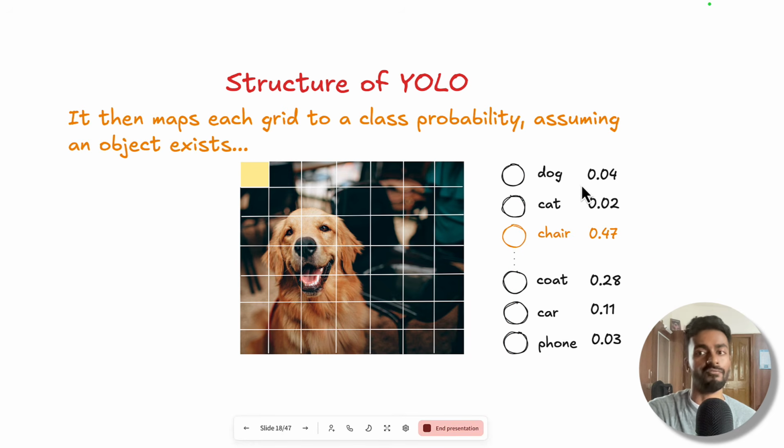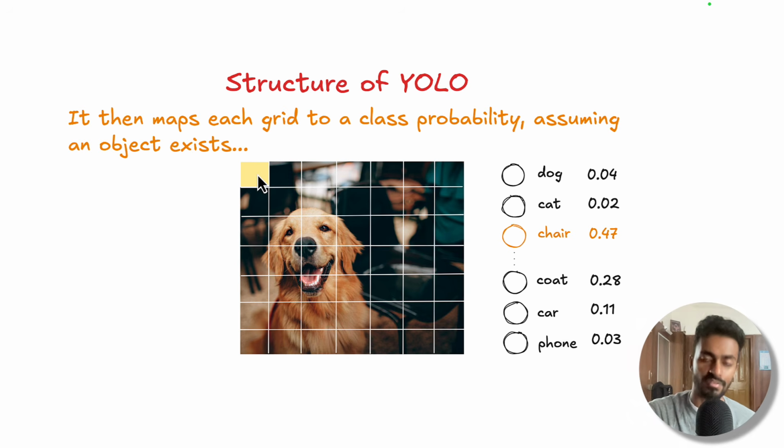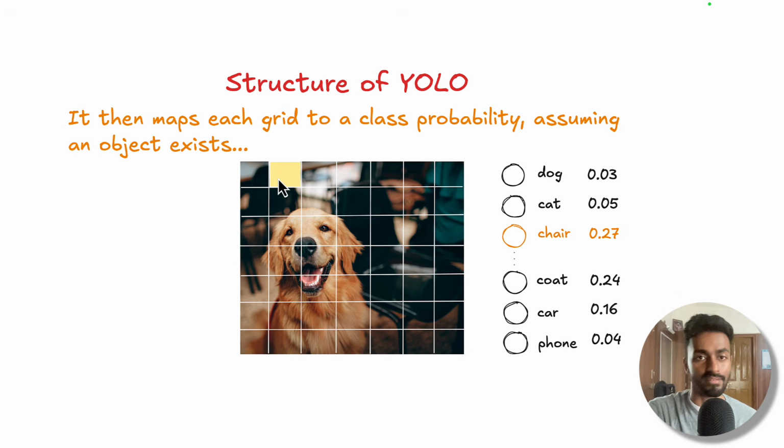So there is a 4% chance that this grid cell will contain a dog, given that an object exists as a part of this grid cell. Similarly, there's going to be a 27% chance that, given there is some object in this grid cell, it's going to be a chair, and so on.